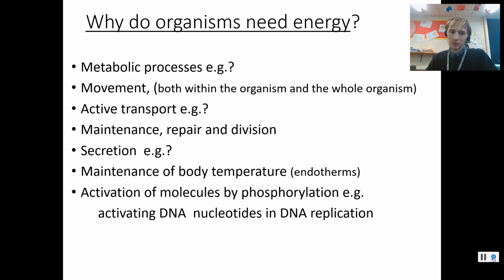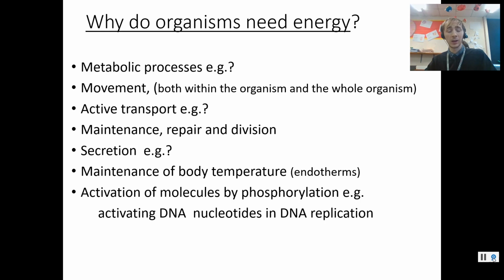Secretion, you could be secreting a lot of things. Hormones, you could be secreting enzymes for external use. That requires energy in order to transport them out of the cell. Maintenance of body temperature only occurs in endotherms, obviously things that create their own body heat. Lizards that are basking in the sun don't require the ATP to do that. And then the activation of molecules by phosphorylation.